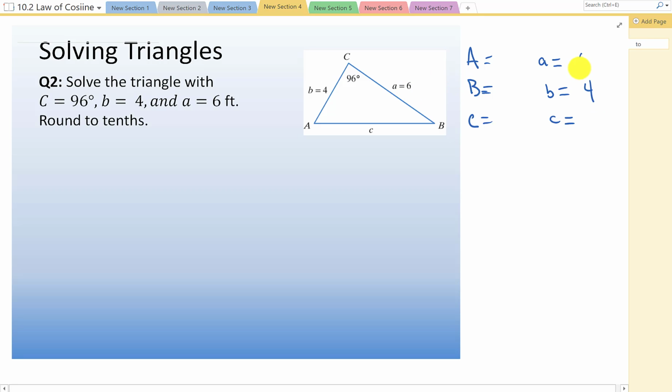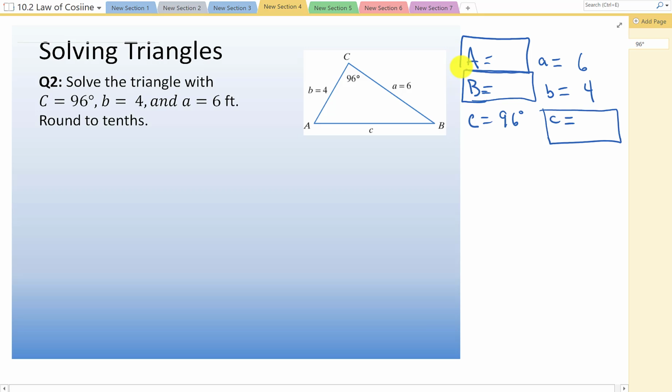A we know is 6 feet. C is missing. The angles, we only know one angle, this 96 degrees. So B is missing, I'm going to have to find that, and A is missing, I'm going to have to find that.